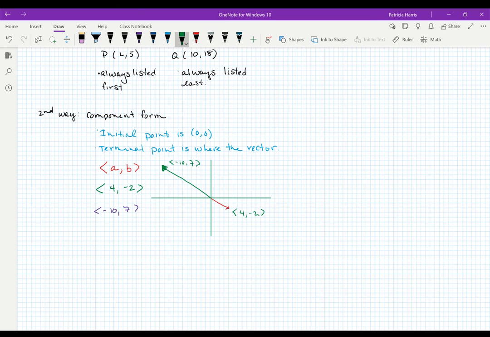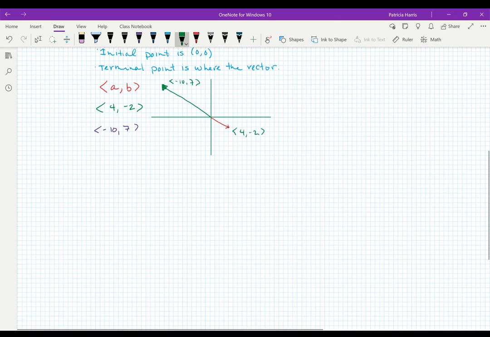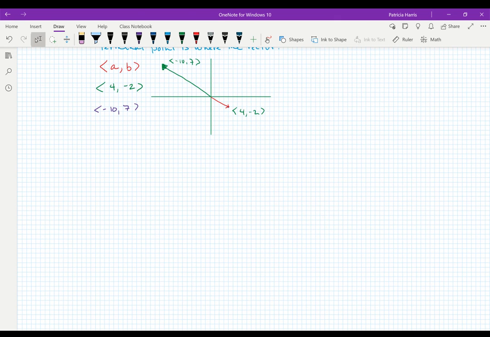All right. So let's talk about having points and then going to component form. So basically what you're doing is you're moving the vector to an initial point of 0, 0.